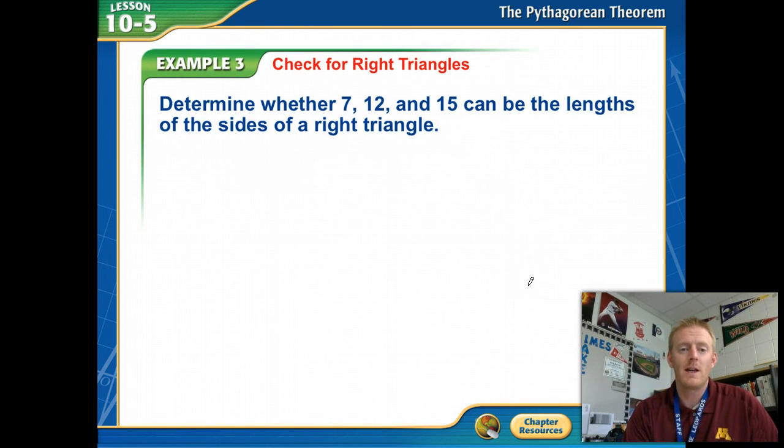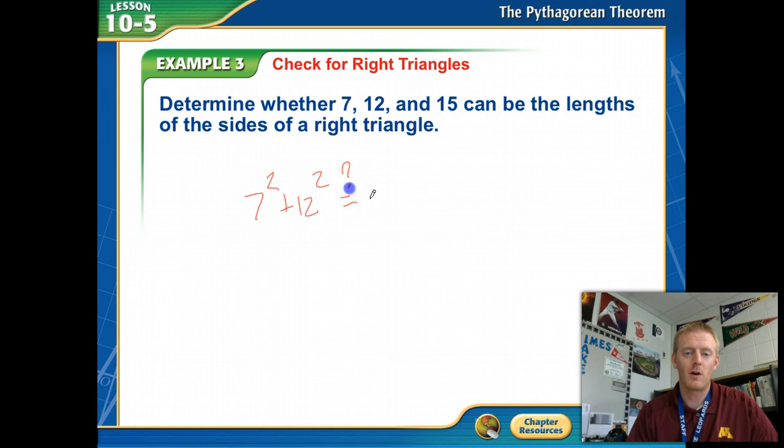So here we go. Is 7, 12, and 15 a Pythagorean triple? So what we're going to do is take our 2 smallest numbers, the 7 and the 12, and square them to see if they equal, I'm going to put a little question mark, whatever 15 squared is.